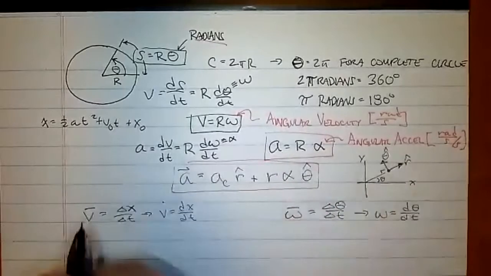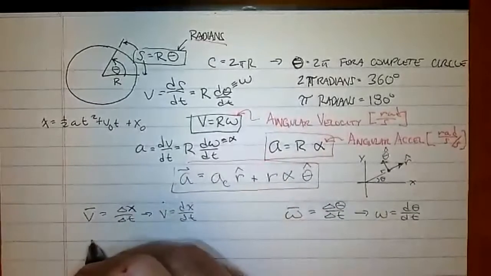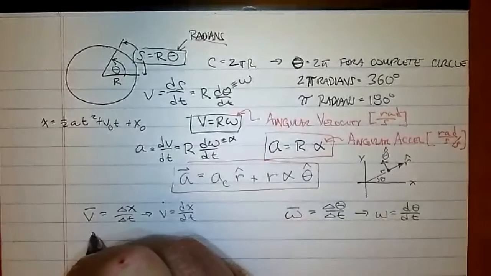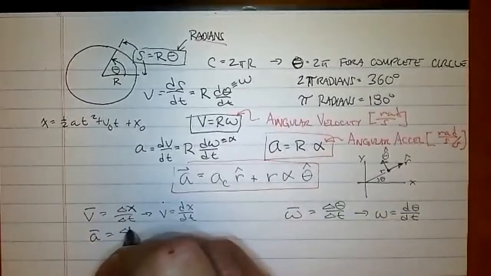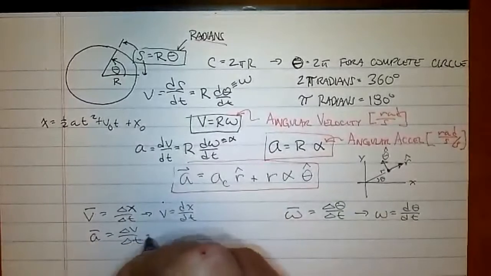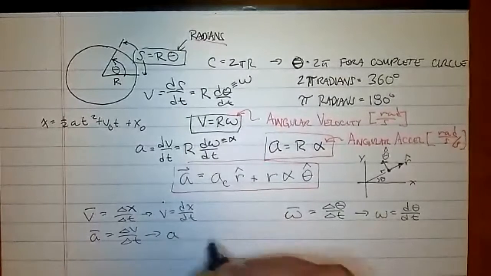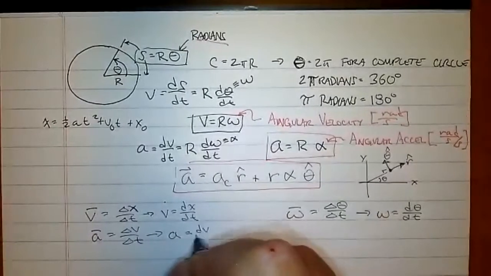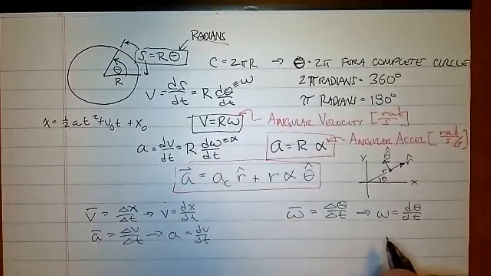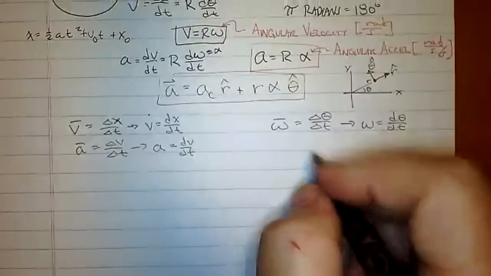We also had a concept of acceleration where the average acceleration was equal to delta v over delta t, which led us to the idea of an instantaneous acceleration being dv over dt. Well, guess what? We've got an analog.